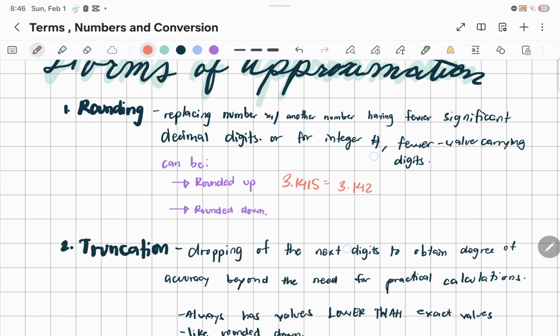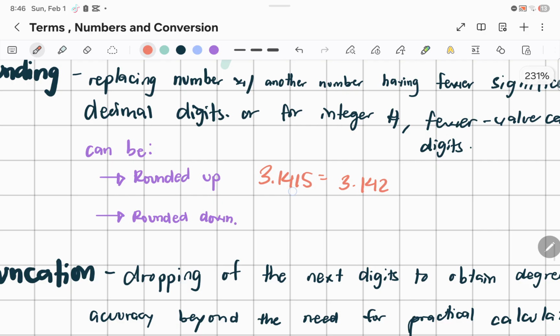It's rounded up because the digit after is 5, which is greater than 4. But if it's rounded down, for example 3.1414, and we round it off to 3 decimal digits, it becomes 3.141.